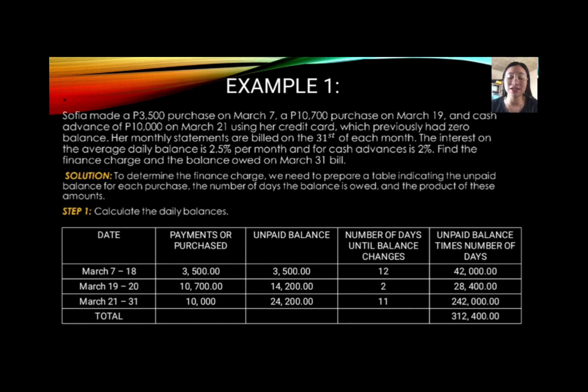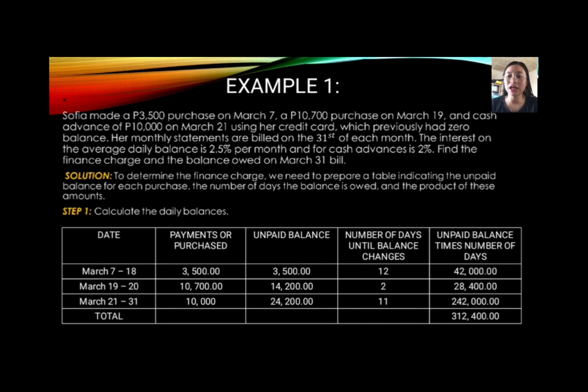Before giving the steps on how to get the finance charge or the average daily balance, we need to first prepare a table indicating the unpaid balance for each purchase, the number of days the balance is owed, and the product of these amounts. So step 1, we must calculate the daily balances.